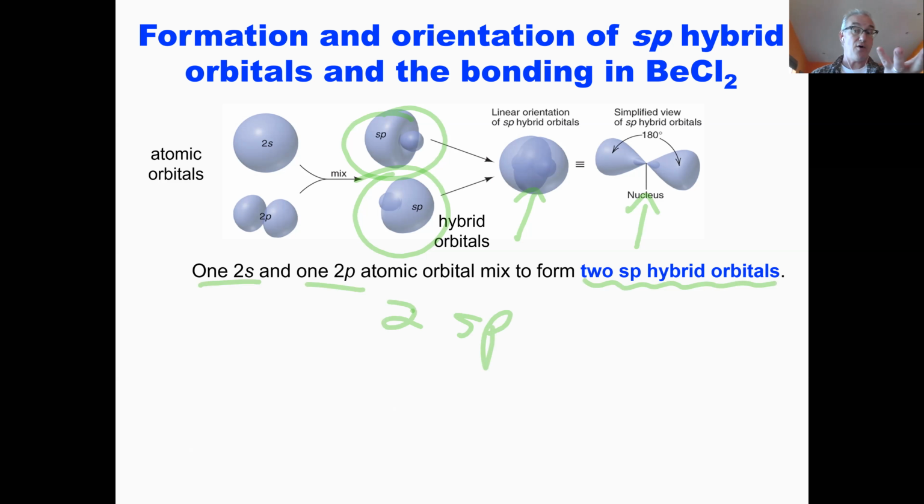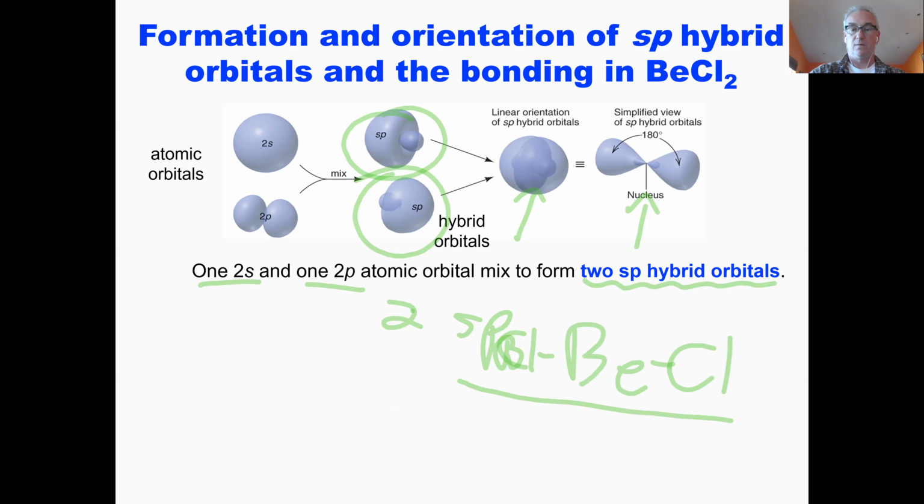And we already know from the last chapter that if you have two regions of electron density, the maximum distance you can put between them is in a line. And so that is why beryllium dichloride is linear with 180-degree bond angles here, because that's the maximum distance you can get from those.